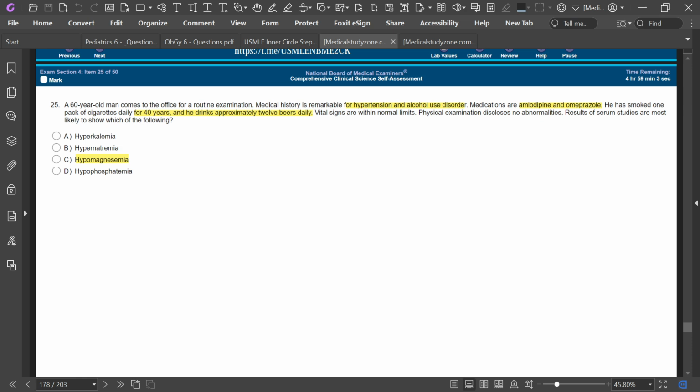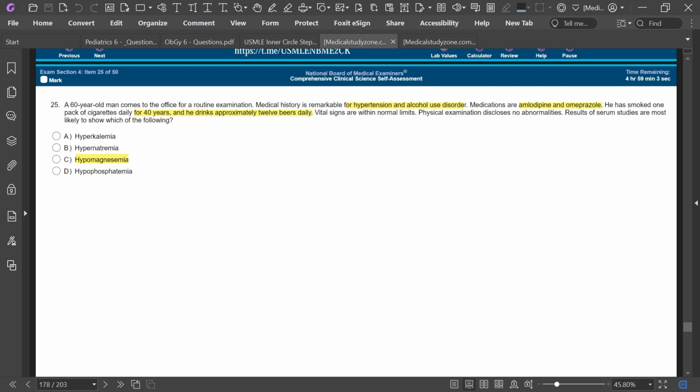You can take it in your way. If you remember these three or four things, then you can easily assess hypomagnesemia. In hypomagnesemia, usually the question fits into these things. There are other causes also, but those are the main causes of hypomagnesemia.